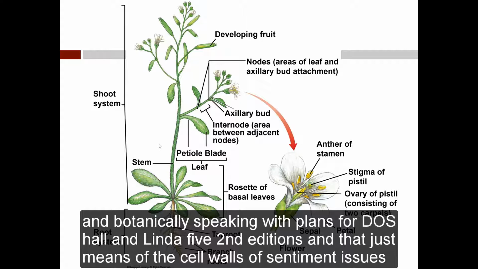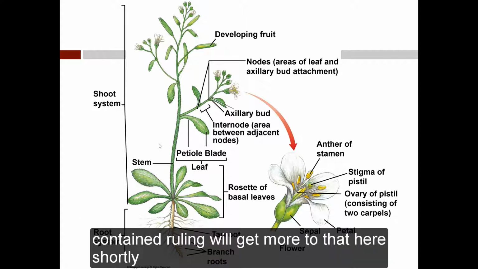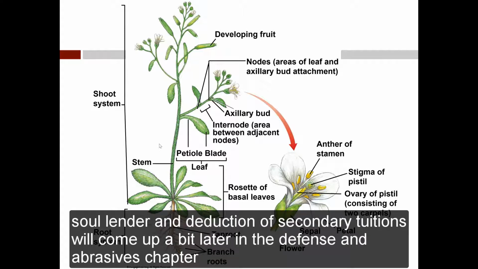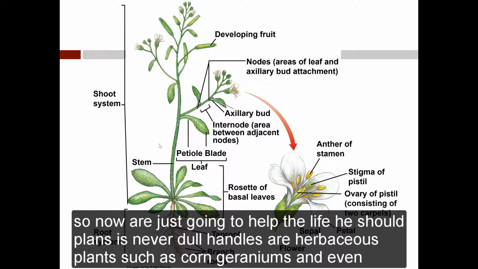And that just means that the cell walls of secondary tissues contain lignin. We'll get more to that here shortly. Herbaceous plants contain none, no lignin at all. Lignin and the production of secondary tissues will come up a bit later in the 35th and 36th chapters. Now I'll go to how the life history of plants is different.